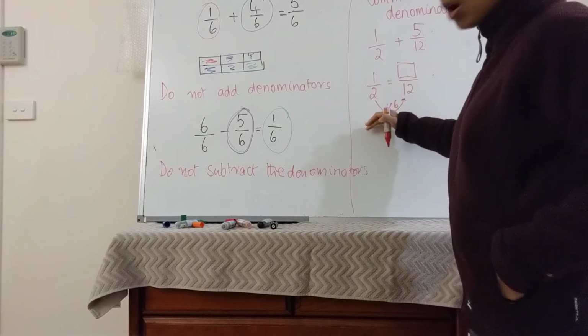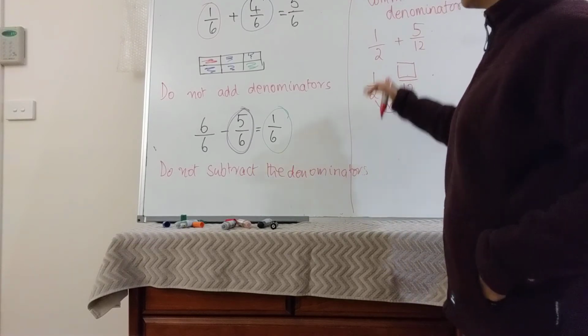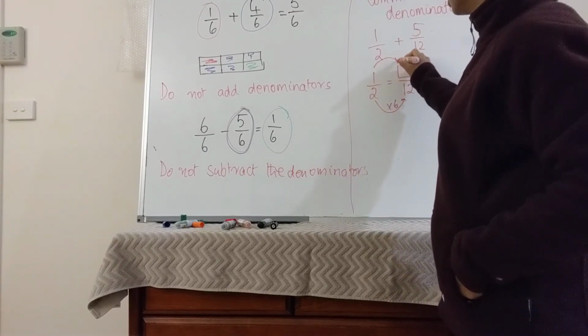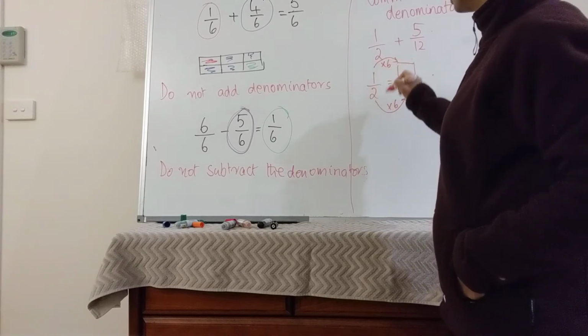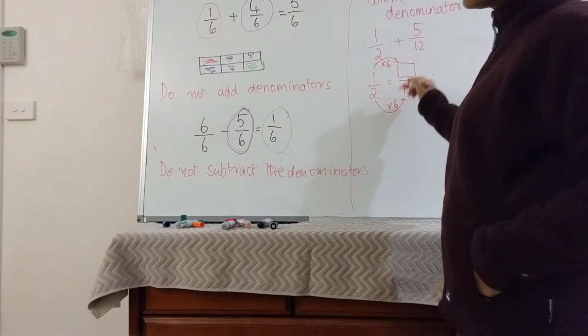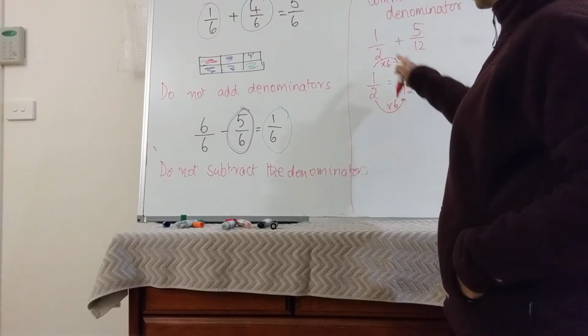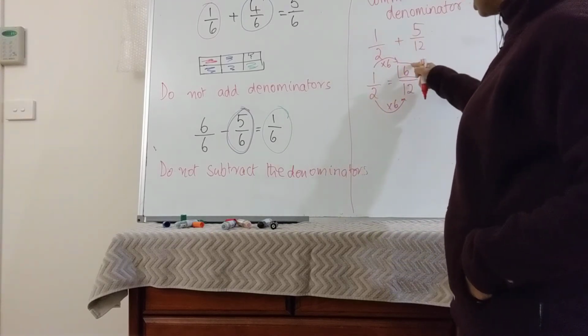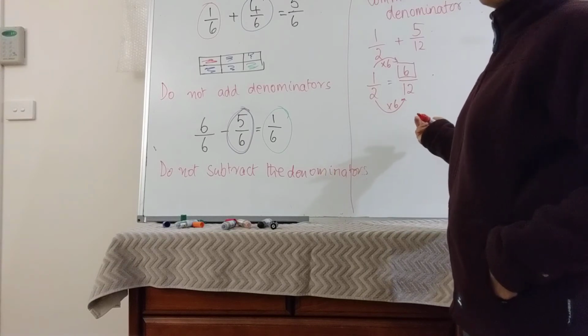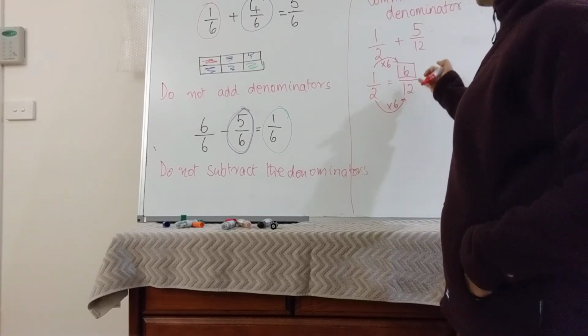So whatever I do to the denominator, I have to do to the numerator. So I multiply the numerator also by 6, and I get 6 over 12 here. So now I've got 1/2 written as 6 over 12, which is true. Alright? So 6 over 12.